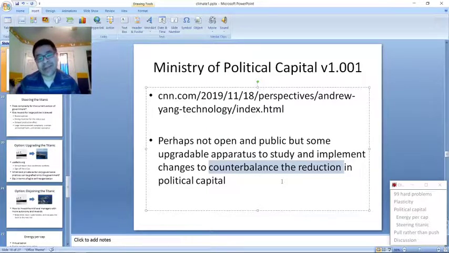Maybe not drastic, I'm not sure, but there's definitely a reduction in political capital, particularly for large-scale political capital.